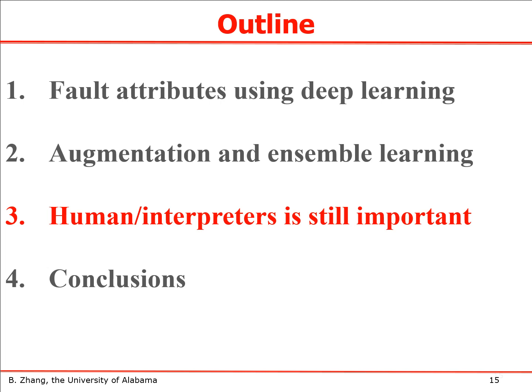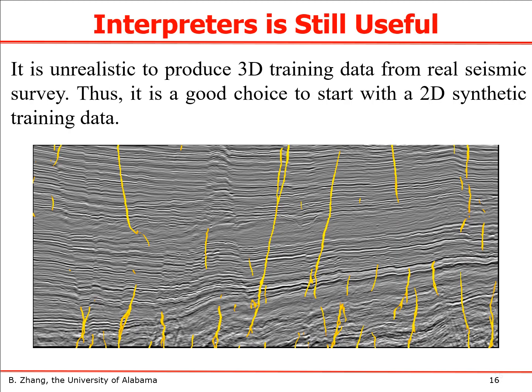As I mentioned before, the real world is complex. It is impossible to produce synthetic data that is exactly the same as real seismic data. Thus, I argue that we didn't include some information from the real seismic data.